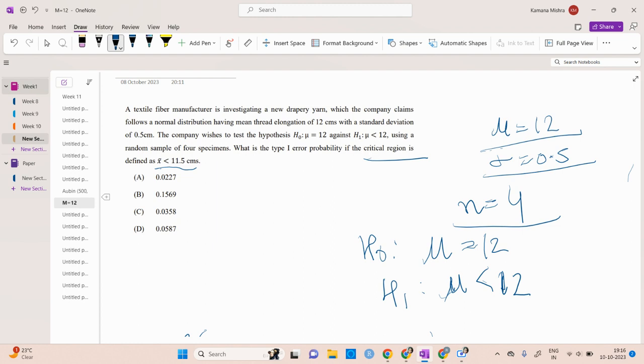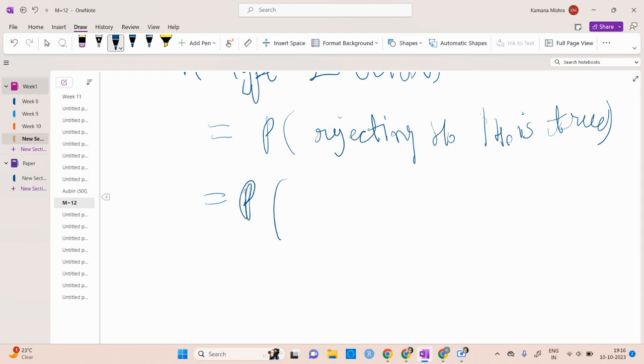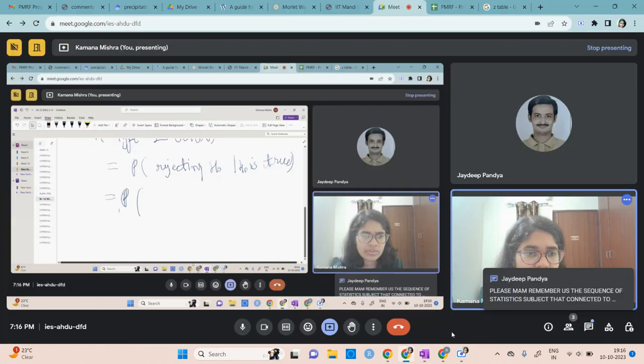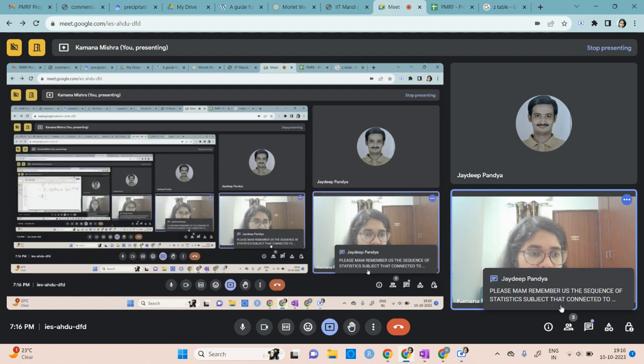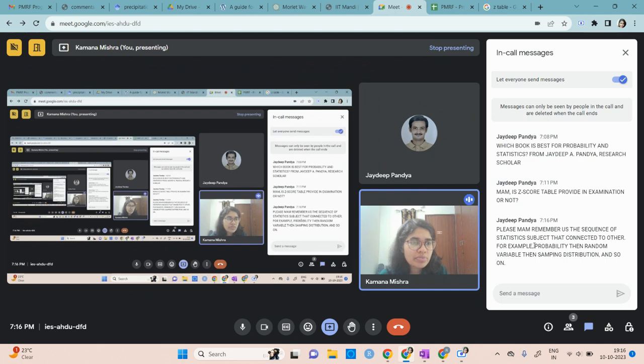Sorry, critical region means we are rejecting at that point. Remember the sequence of the statistics subject that is connected with it. For example, probability, then sampling distribution.